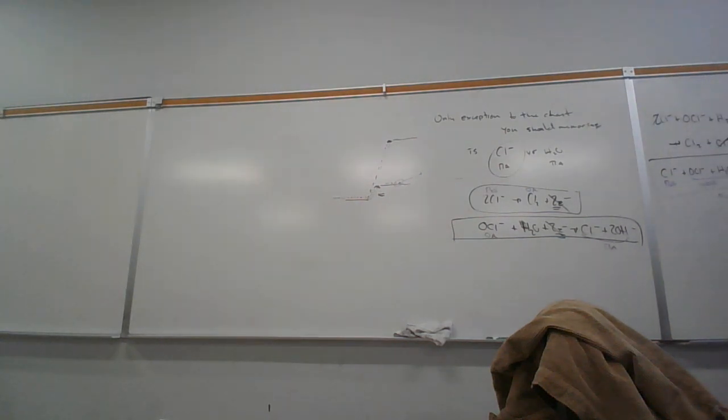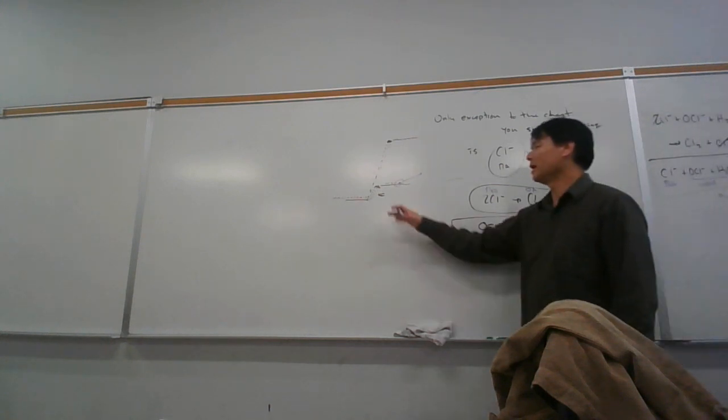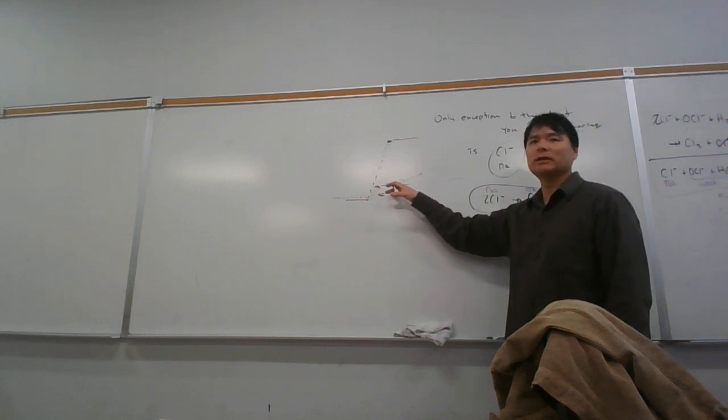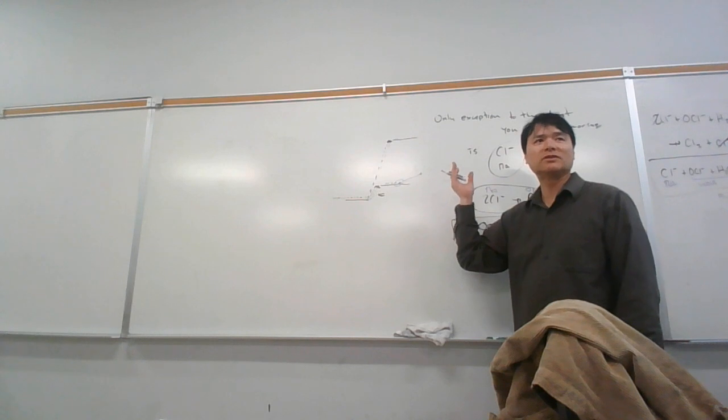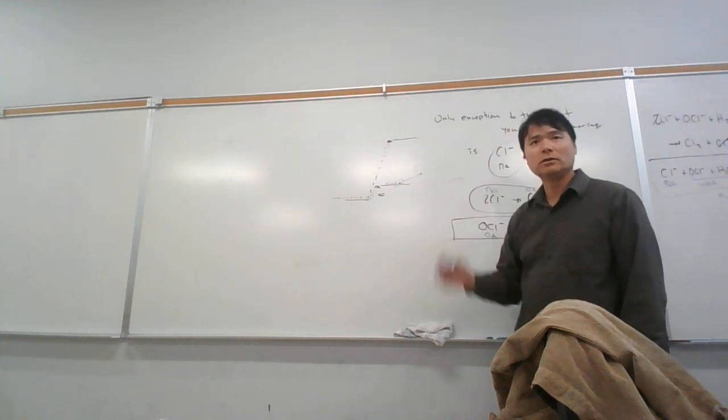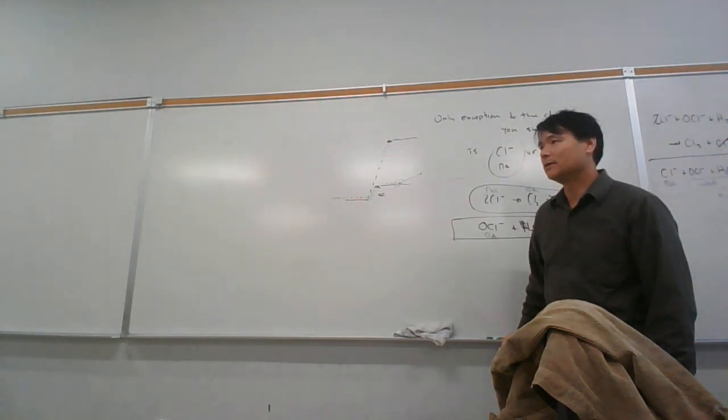And so one way of getting this reaction to go is to remove the chlorine. Chlorine's a gas, and if you can remove the chlorine gas, then that creates more room at the top. Even though it's not that favorable, we can get this to go to completion just by continually removing the chlorine. That's a trick that you can use in these equilibria.